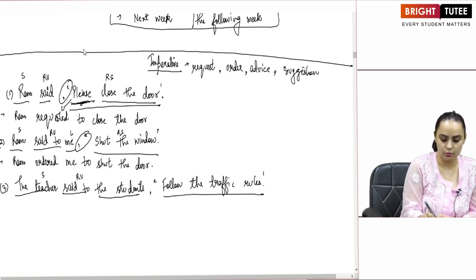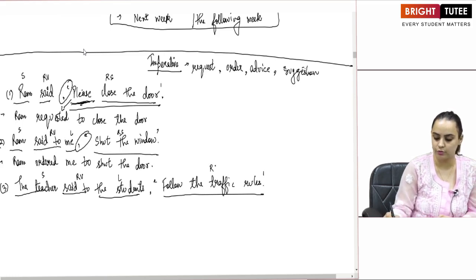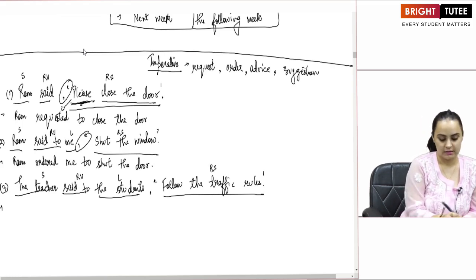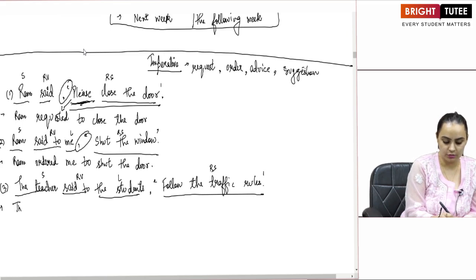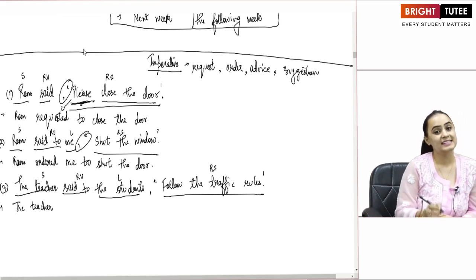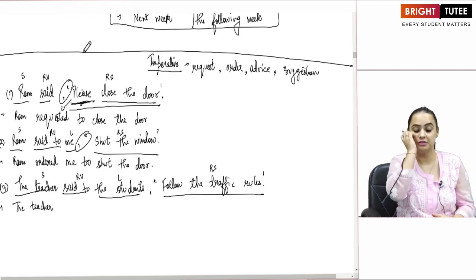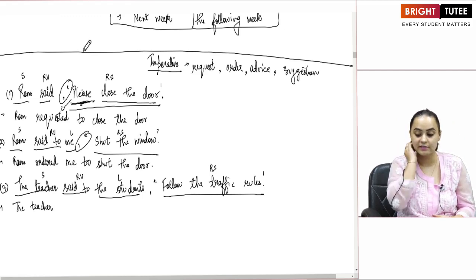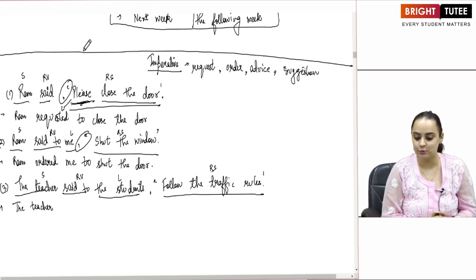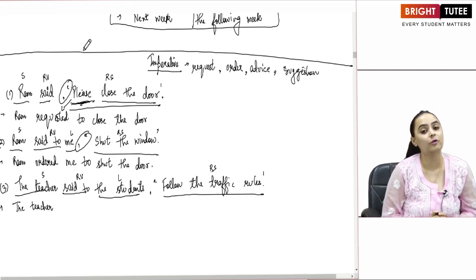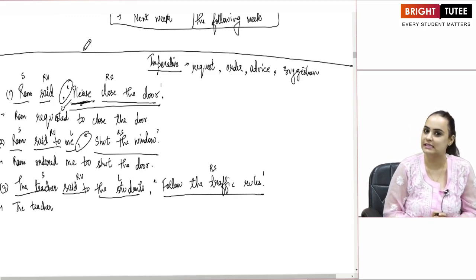Speaker, reporting verb, listener and reporting speech. Speaker remains the same, so the teacher remains as it is. Said to, which is my reporting verb. Now what is the mood of this sentence? The teacher is giving an advice to the students to always follow the traffic rules. So this is an advice.